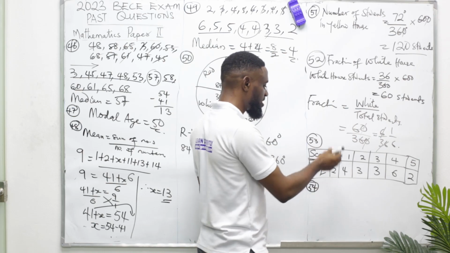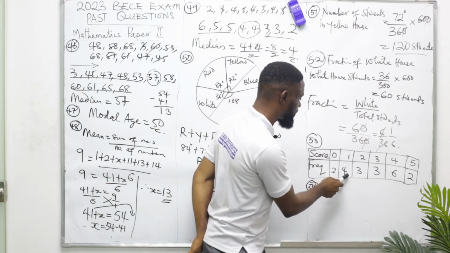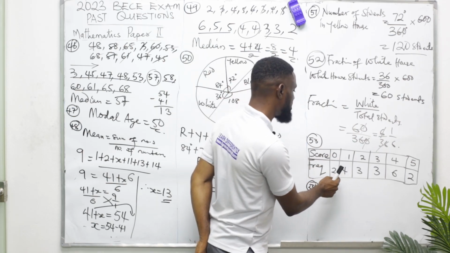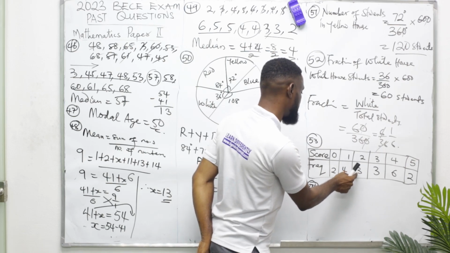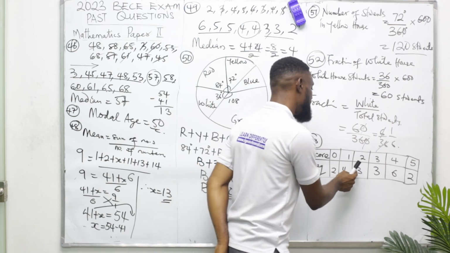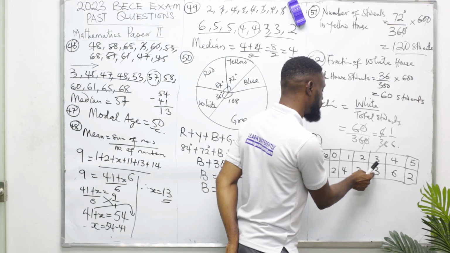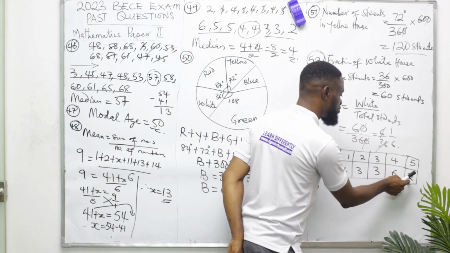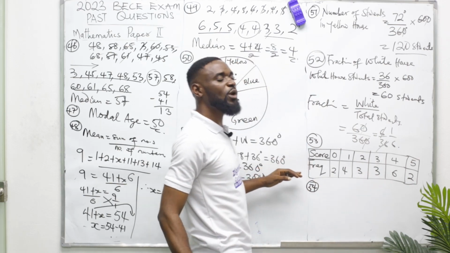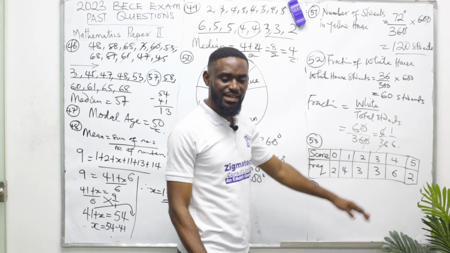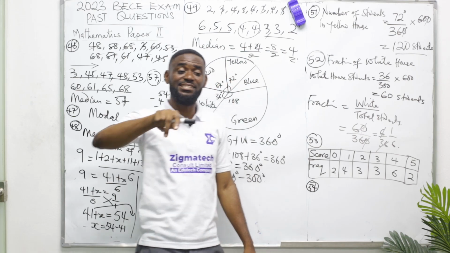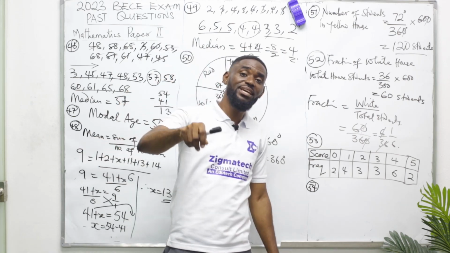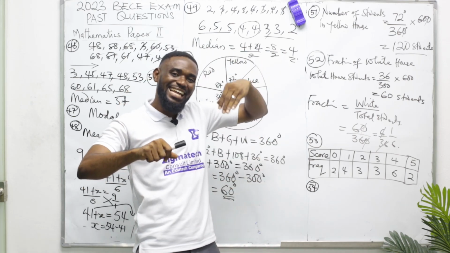For example, here we have 2 plus 4, this is 6, right? 6 plus 3, this is 9. 9 plus 3, this is 12. 12 plus 6, this is 18. 18 plus 2, this is 20. It means that we have 20 occurrences here, right? So for 20, it means that the median will be in between 10 and 11.